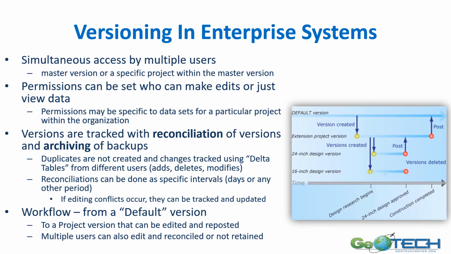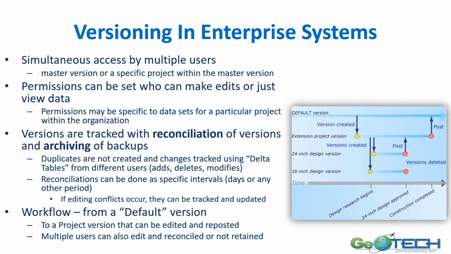You can have ways to track versioning, and you have to have ways to reconcile the versioning. So you need to remove duplicates and have a delta table that can tell you which values remain and which are deleted or modified. It also helps eliminate editing conflicts.